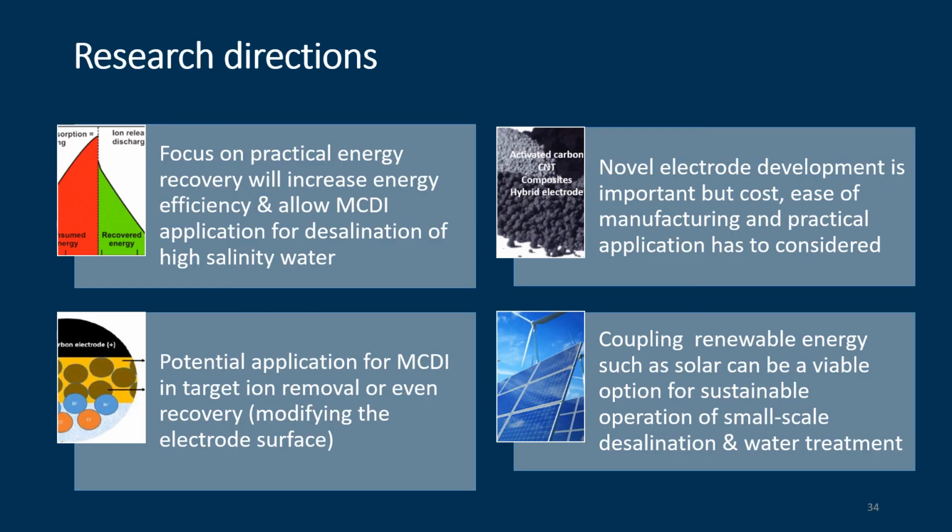In the future we can also focus more on practical energy recovery. Novel electrodes can also be developed, and the potential application of MCDI in target ion removal, also coupling with some renewable energy, will accelerate this MCDI technology for the next couple of decades.